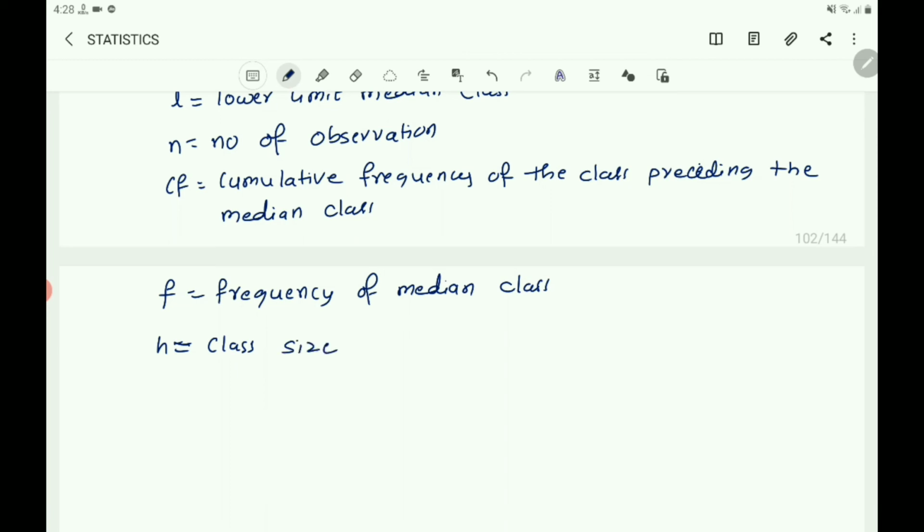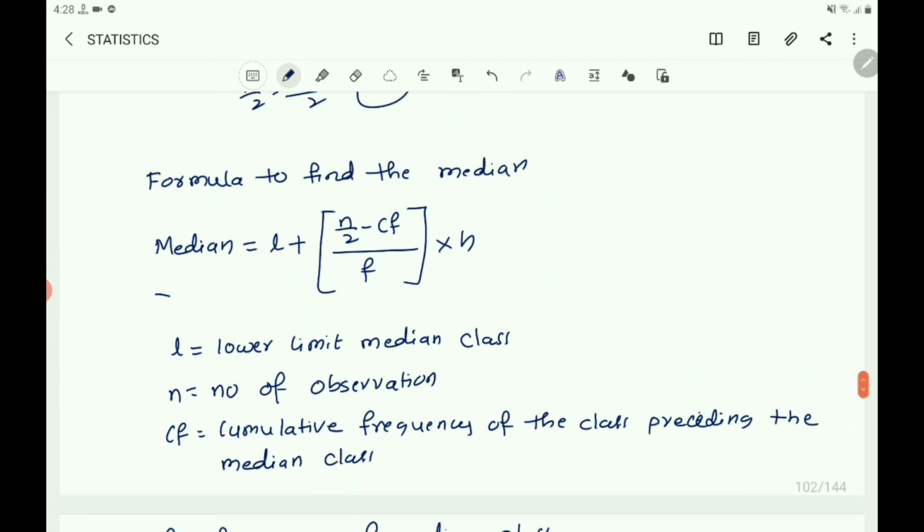What is the formula to find the median of the grouped frequency distribution table?